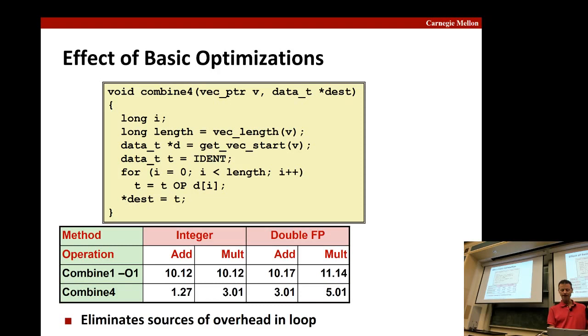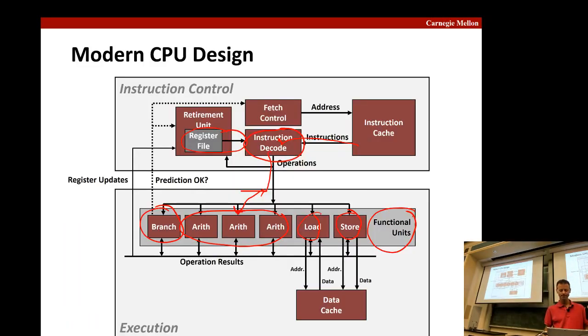So if we do that, and we compare that to, say, just the optimization level 1 that we had before, then you can see that it's significantly faster, right? And it's even faster than the optimization level 3 of the old procedure. Okay. All right, so I already showed you that.